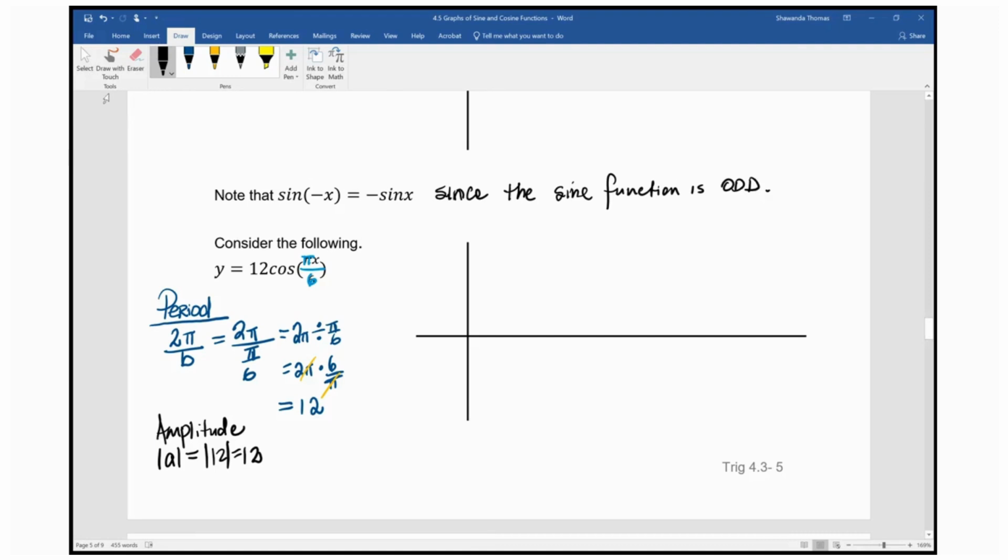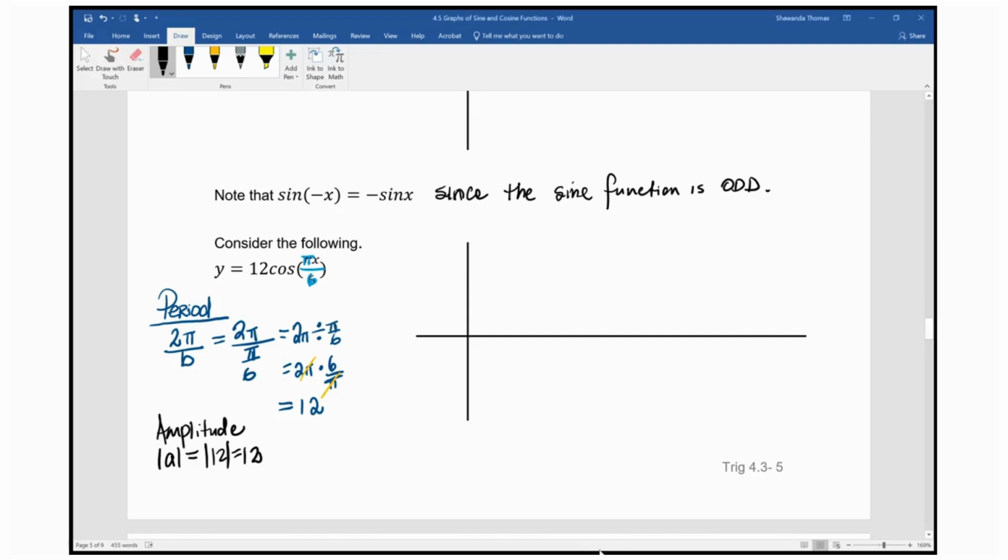So far, the midline has been the x-axis, so the middle of the graph. It's halfway between the max and the min, the distance above the midline and below the midline. All right, so that's 12.